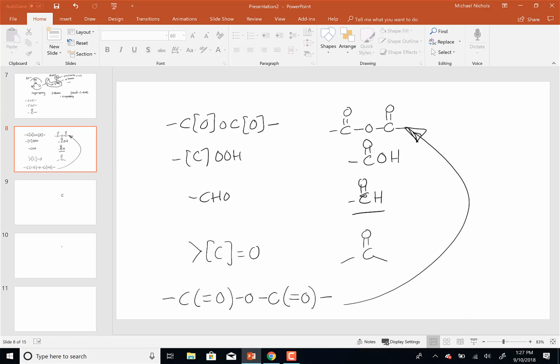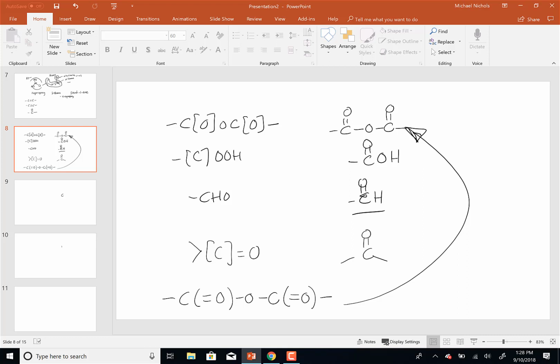Azanal, never seen it. Azanaladine, never seen that. So we usually use amine, imine, amino, or imino. So I should probably have whited those out, but I can't white them out in the book. But that's how we use the chart.